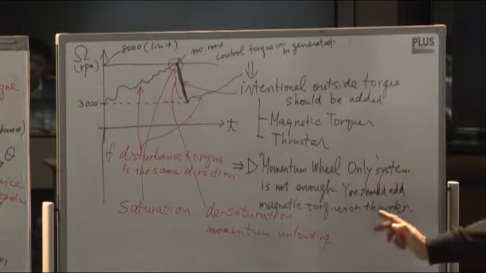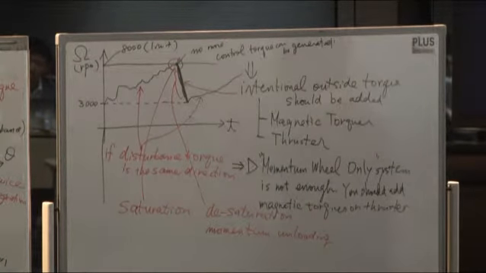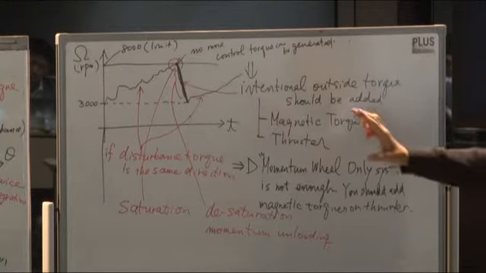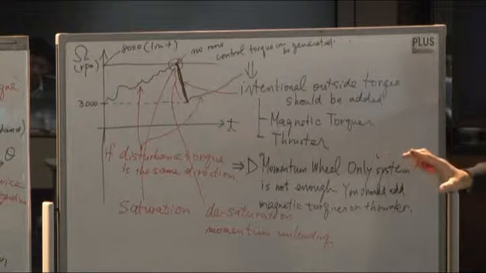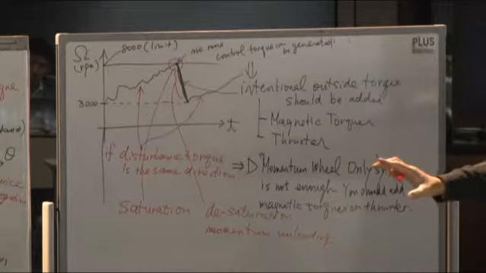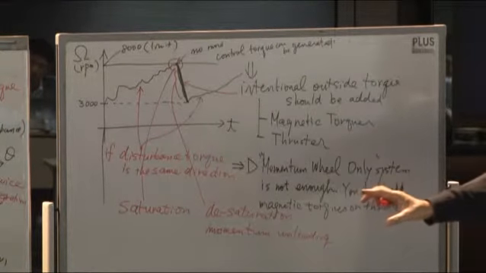So if you design a satellite, usually maybe we will implement a reaction wheel. The Hodoyoshi satellite and Uniform satellite have a reaction wheel. But only that system is not enough. So in order to make this kind of desaturation, we implement a magnetic torque. Magnetic torque is very simple.